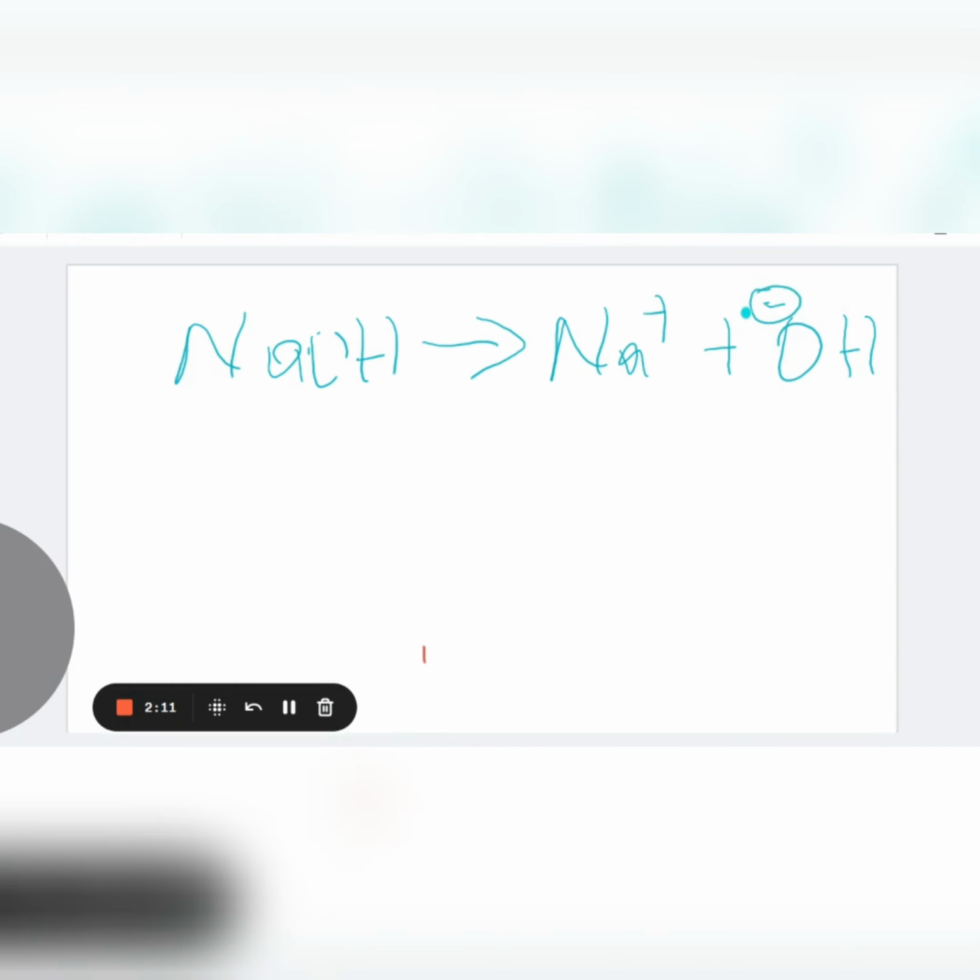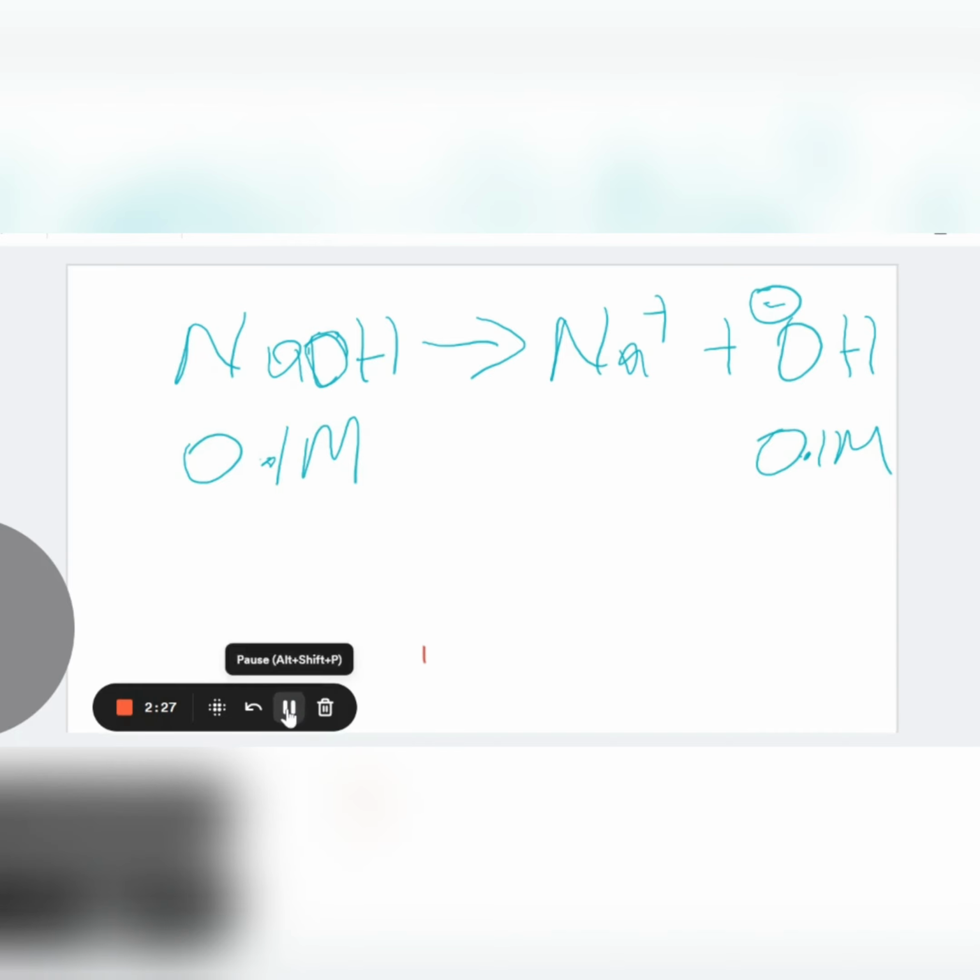Now, if the concentration of the sodium hydroxide is again 0.1 molar, then the concentration of the OH is 0.1 molar, because of the full ionization of the sodium hydroxide.